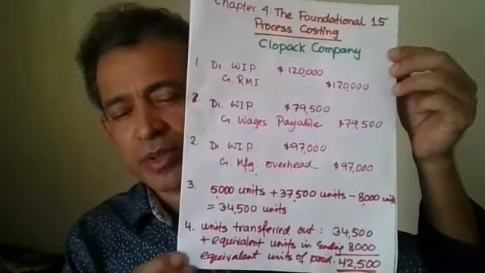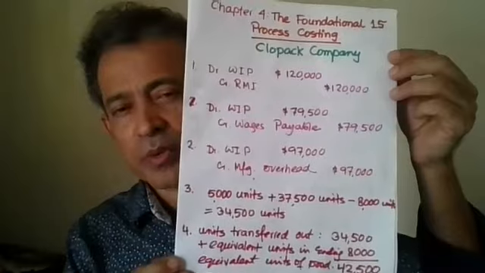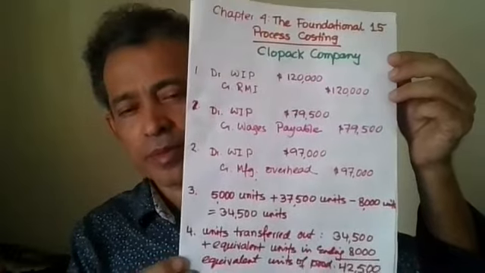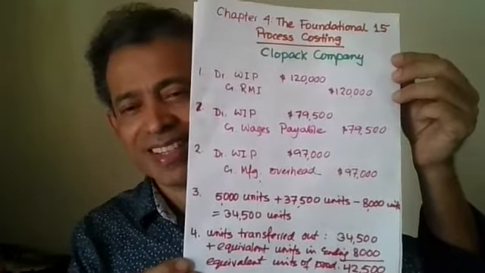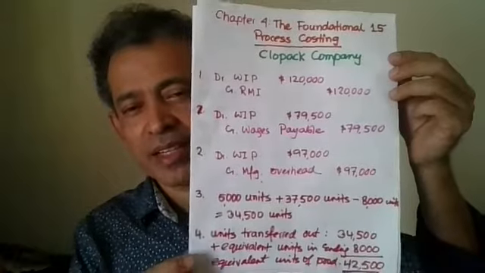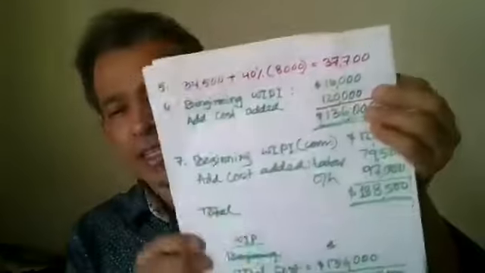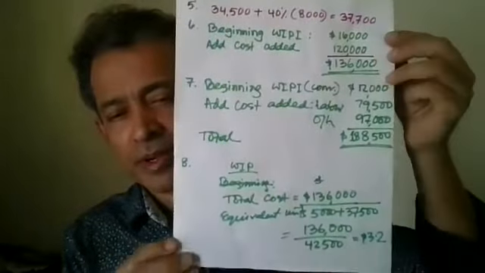Okay. So that's requirements 1 to 4, if you need to see the solutions. And there's the other few, 5 to 8.